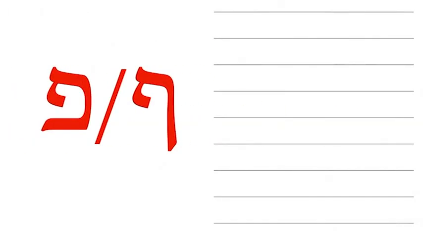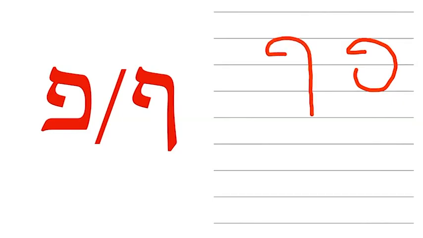The pei. The regular pei is written like a backwards C with an internal line. The final pei is written the same way, but its leg descends again below the line. You can see there's some similarity in form there between the regular pei and the final pei. The final pei has had that bottom line stretched.